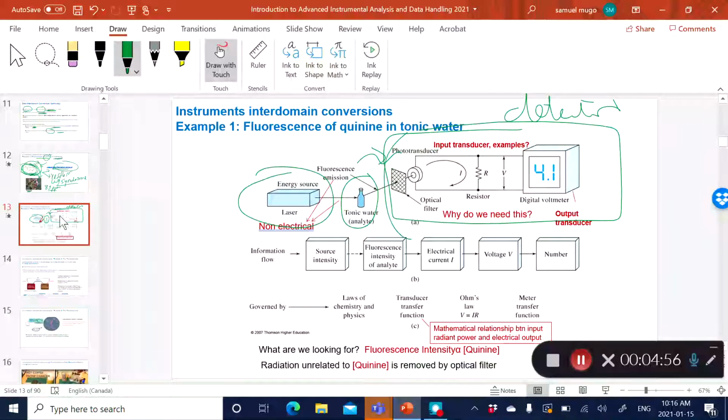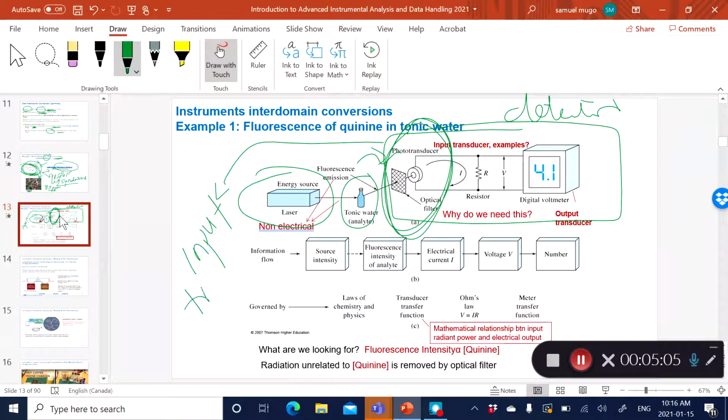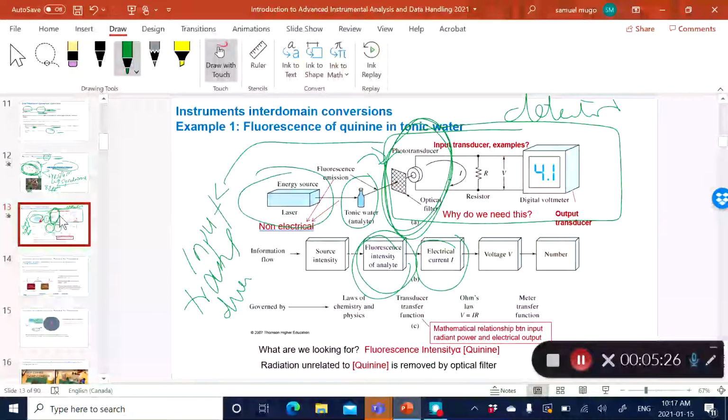Now you can see here you've got what you call the phototransducer, and essentially that is the input transducer. As the name suggests, it's converting the photon into an electrical quantity, in this case current.